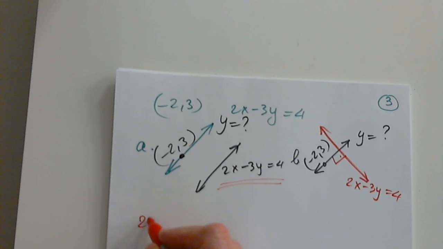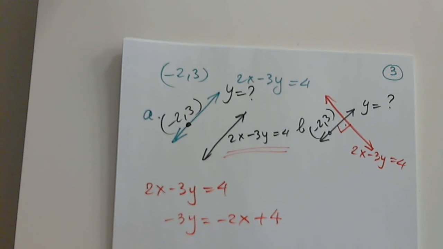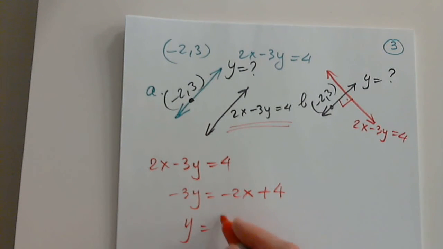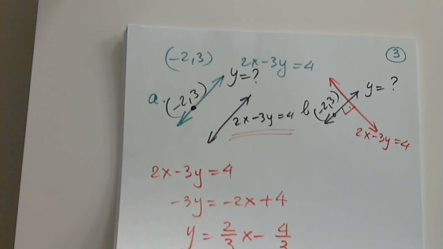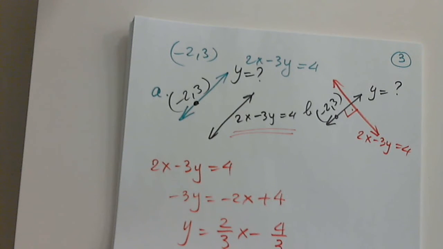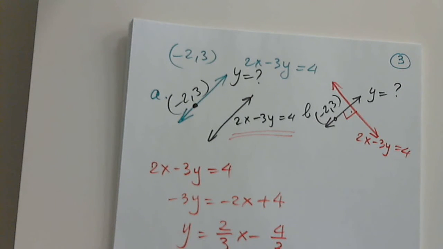So 2x minus 3y equals 4, which means negative 3y equals negative 2x plus 4, which means y equals 2/3 x minus 4/3. Is this what you see? Is it a little blurry or is it clear? Okay, perfect.